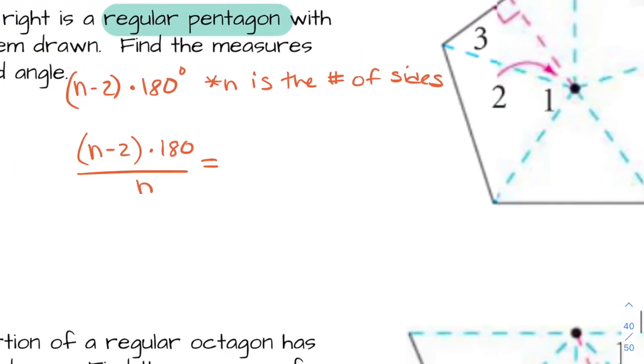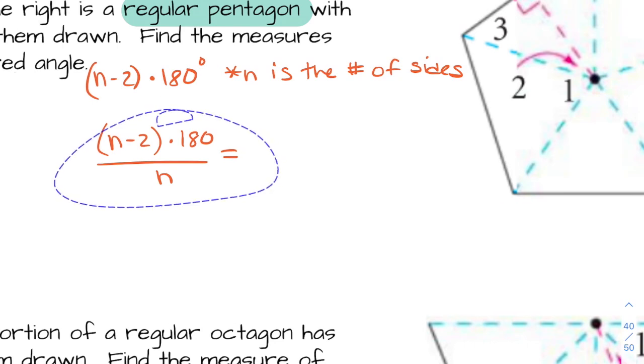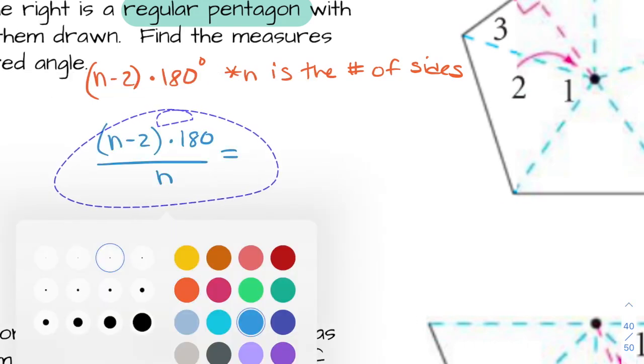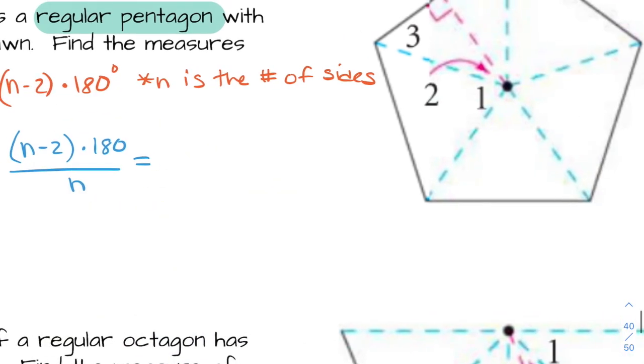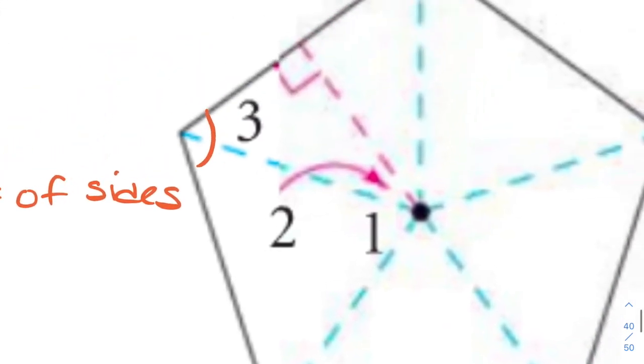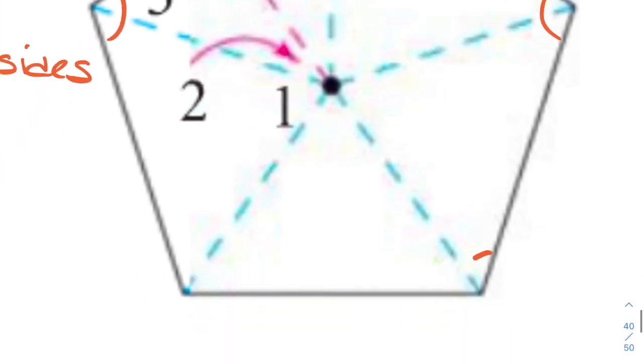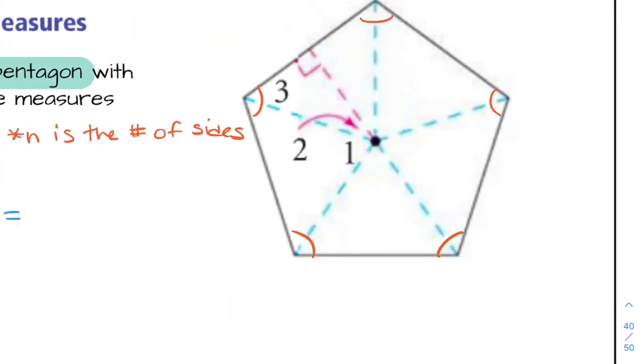I apologize. So in orange, that n minus 2 times 180 gives you these angles. My bad. It's the interior angles right here, not the central angles. So collectively, it would be the combination of all of those.